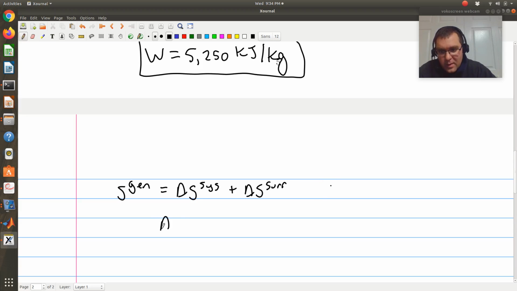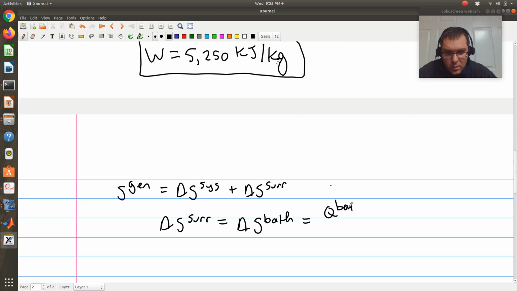I'm going to take delta S of my surroundings, and I'm going to take my surroundings to be a bath. So that's Q bath over T bath, where Q bath is going to be negative Q. Any heat released by my system would be absorbed by my bath.